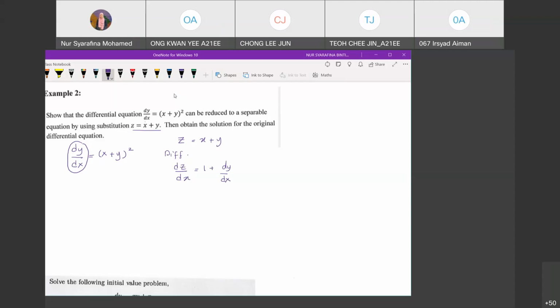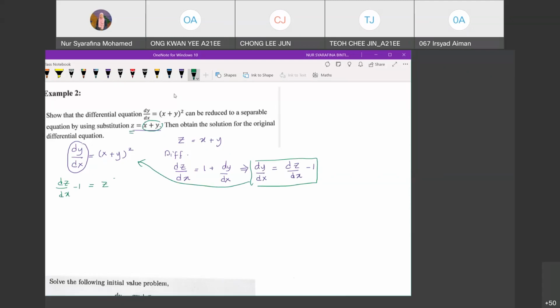So from here, we can have your dy dx, where dy dx equals to dz dx minus 1. So now, by using this, we just can substitute to here. So what your dy dx now is dz dx minus 1 equals to x plus y is z.